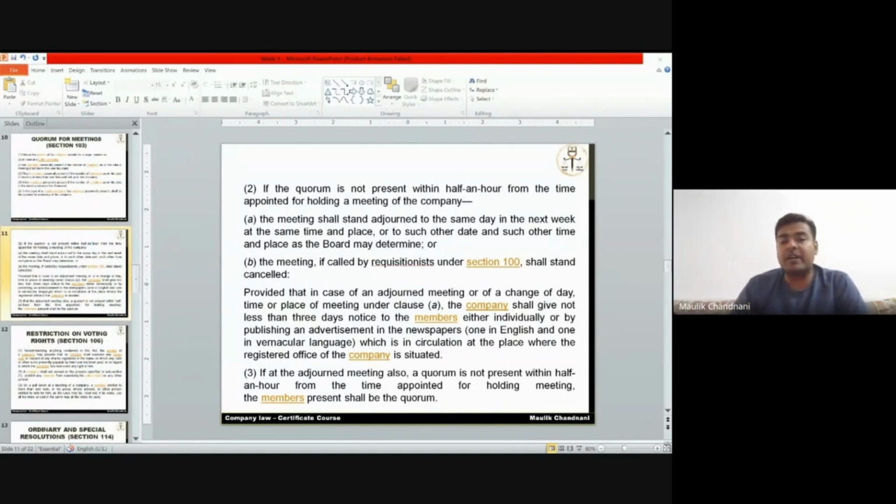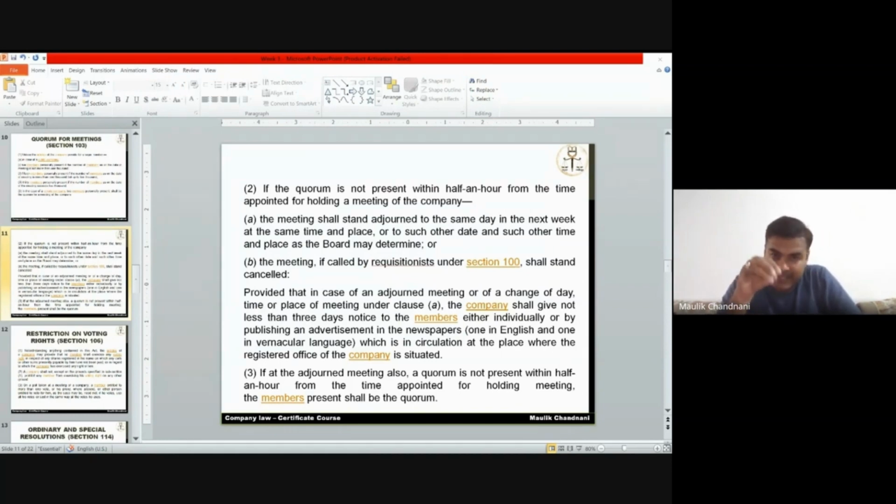One thing. Second thing, what we are talking about, there are three words basically. First is postponement. Second is adjournment, and third is the word cancelled. Postponement means you called a meeting on Sunday 6 p.m. That means the meeting is scheduled on Sunday 6 p.m. The postponement of the meeting is at any time before the conducting of the meeting.